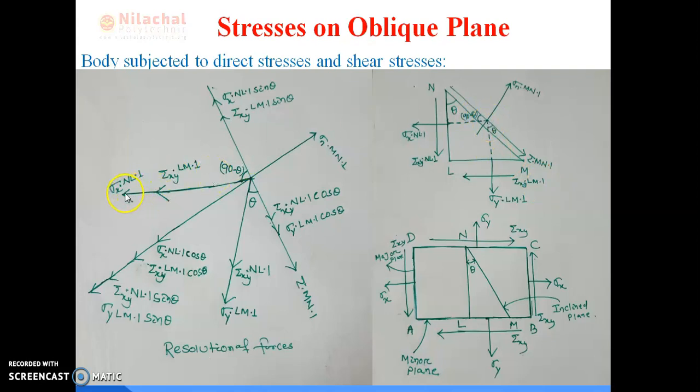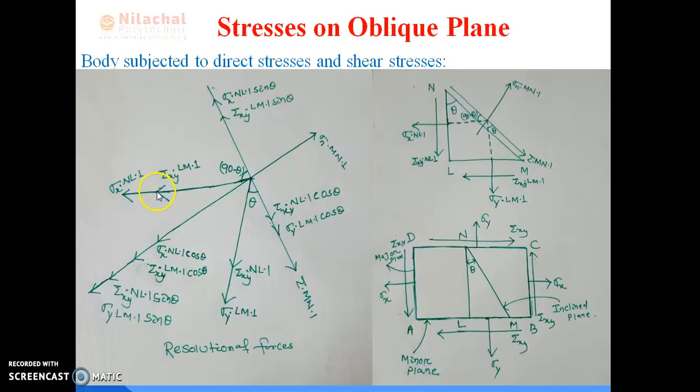As shown in the figure, this is the line for sigma y LM into 1 and tau xy LM into 1. This is the line for shear stress tau xy NL into 1 and sigma x NL into 1. We have to resolve these two forces along the vertical direction and horizontal direction.